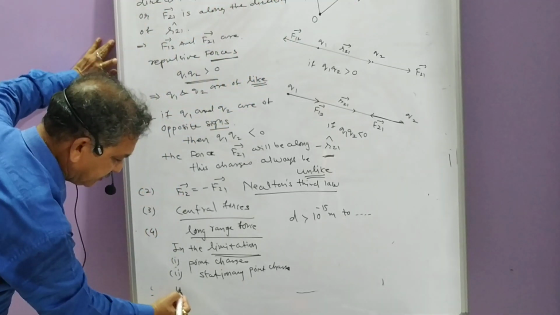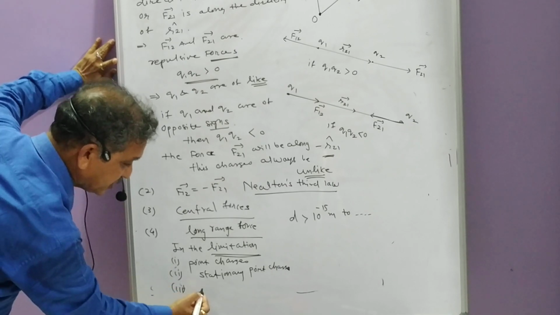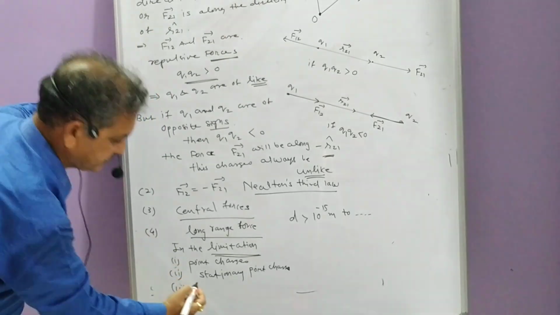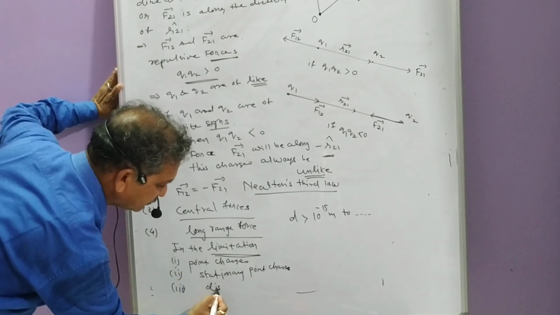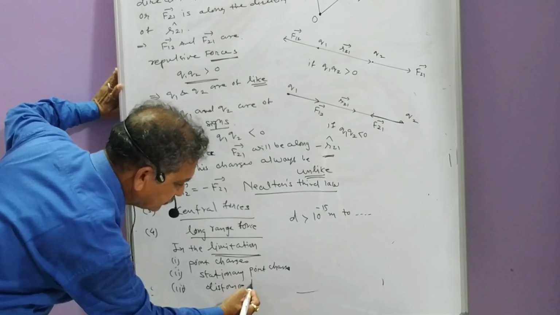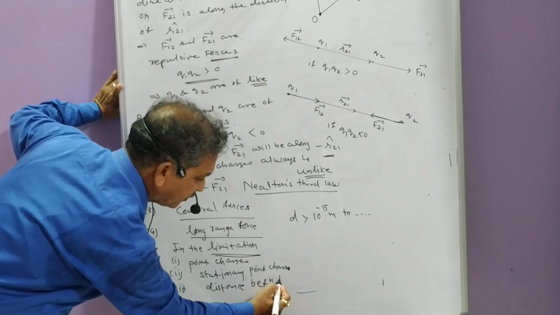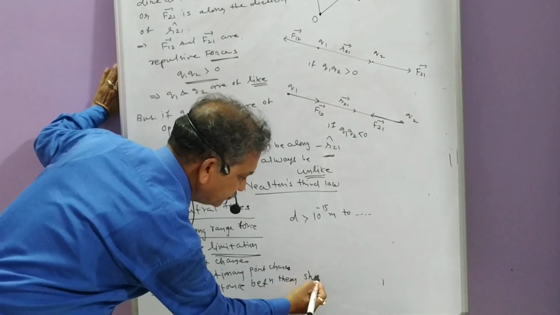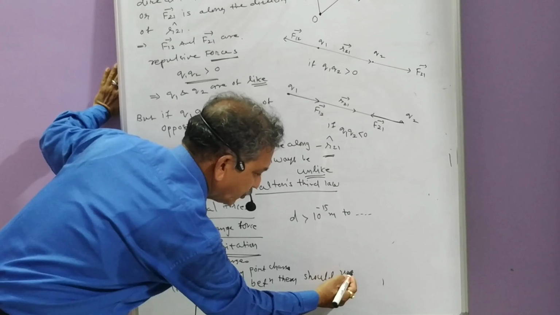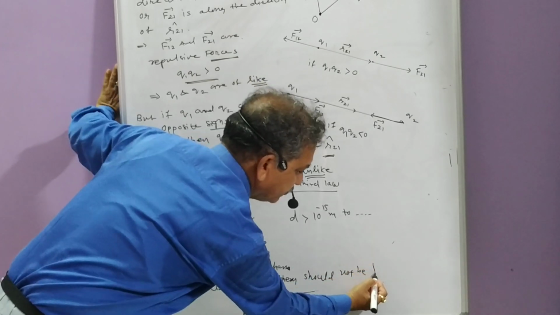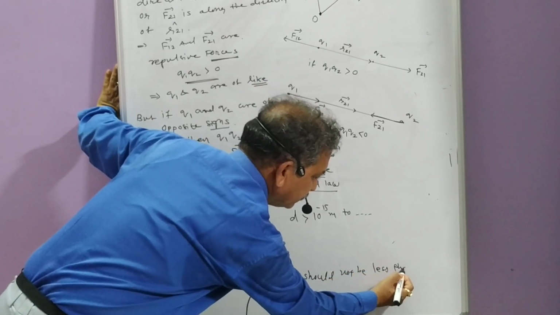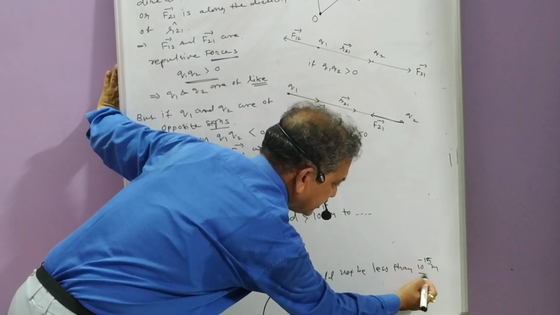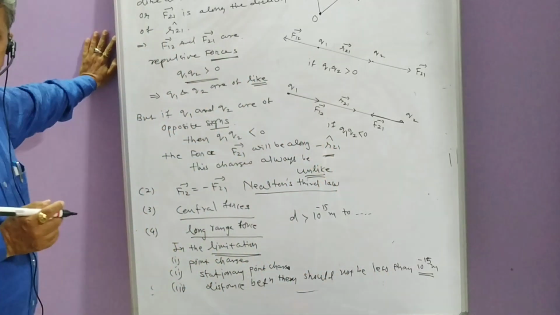And then the third point, the distance between these two charges should not be less than nuclear sizes, that is 10 raised to minus 15 meter.